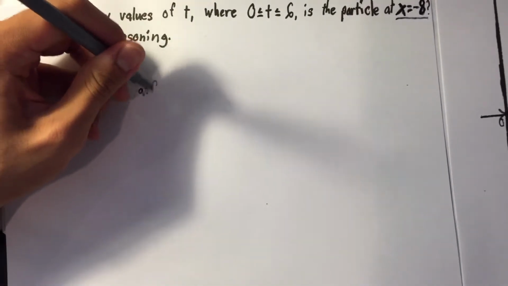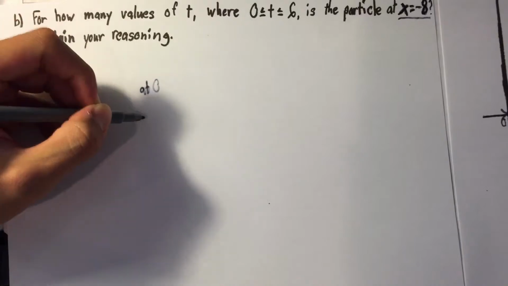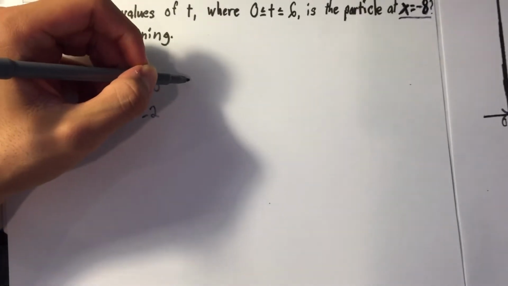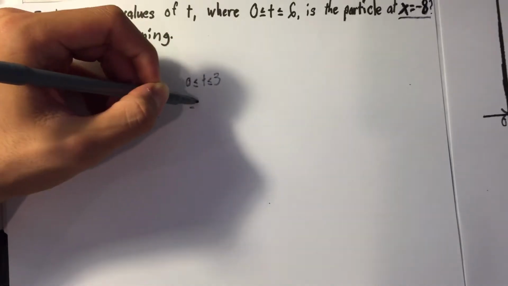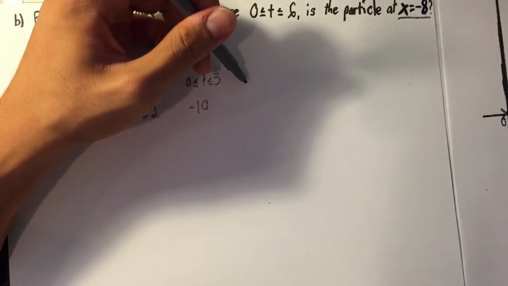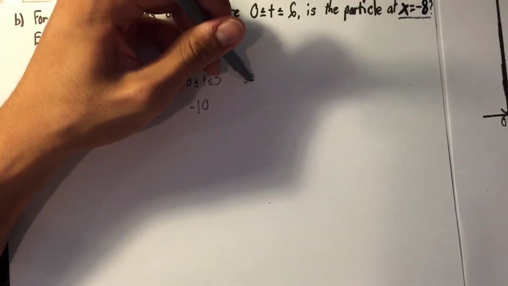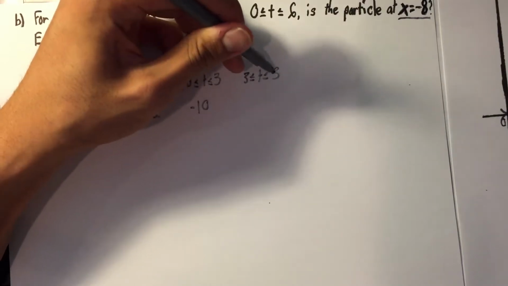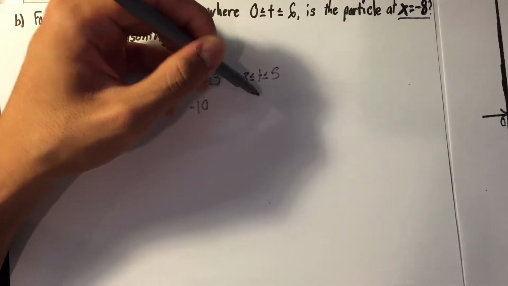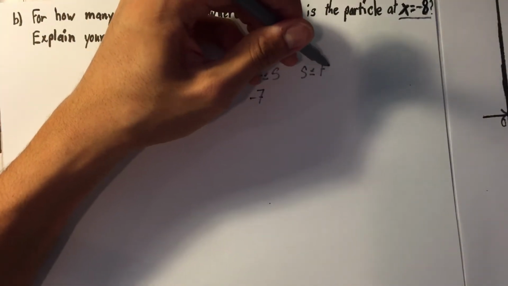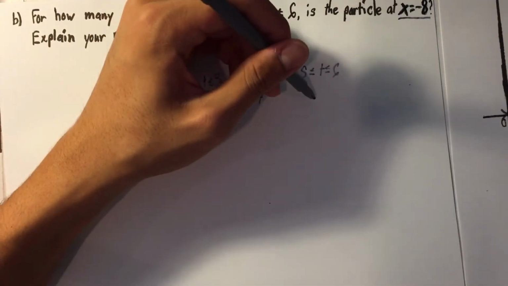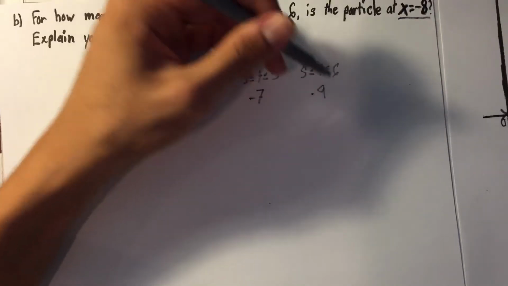At 0, the position is -2. Between 0 and 3, the particle is at -10. Between 3 and 5, the particle is at -7. And between 5 and 6, the particle is at -9.